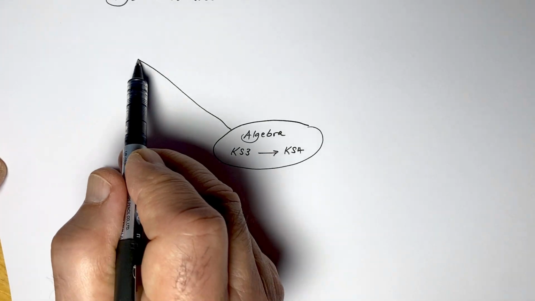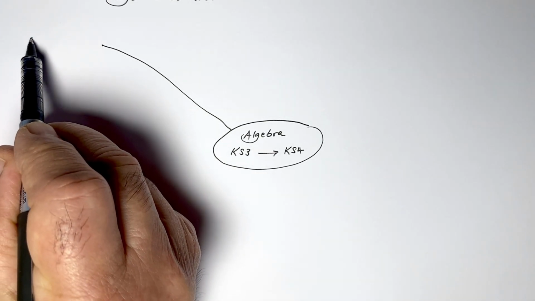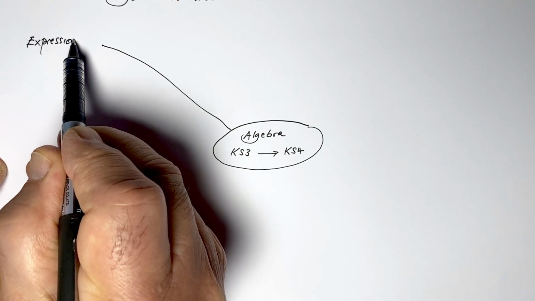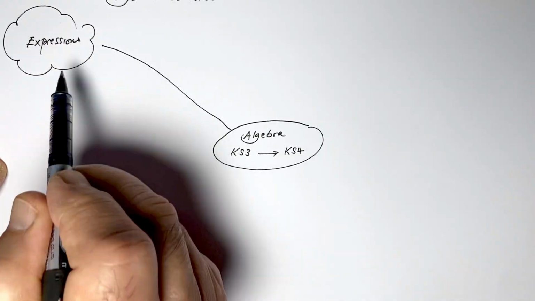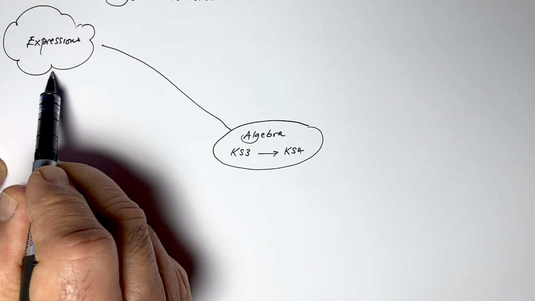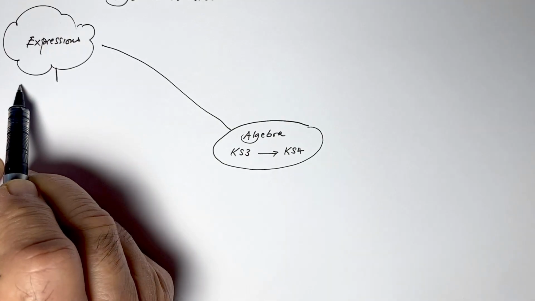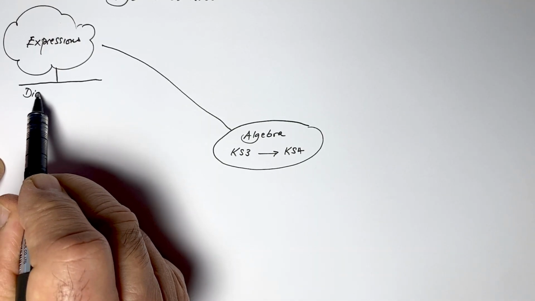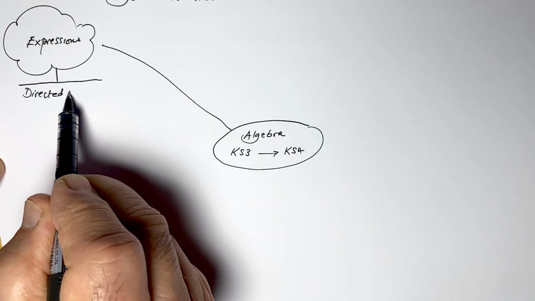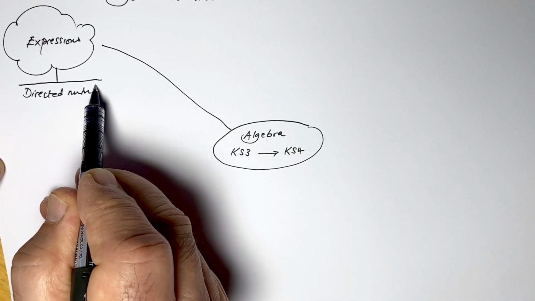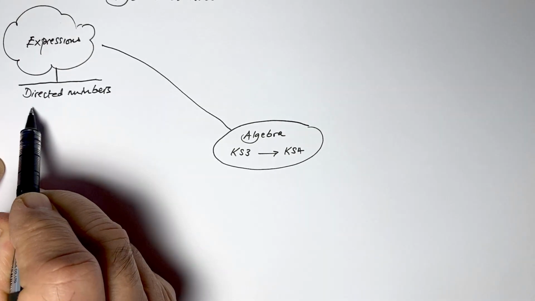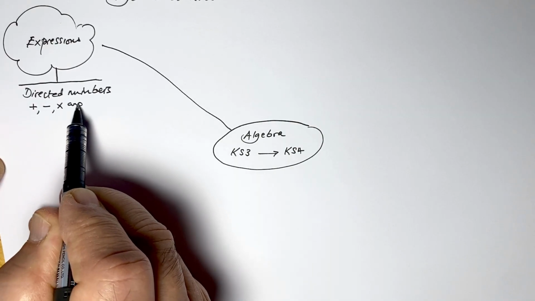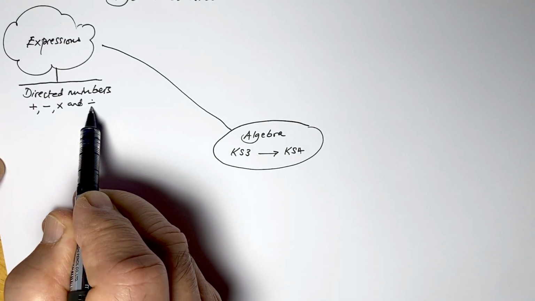So here I'll go to expressions, and then I write here the order of things to be taught really. So first, directed numbers, that means addition, subtraction, multiplication, and division rules.